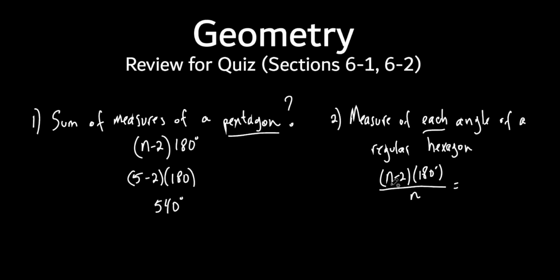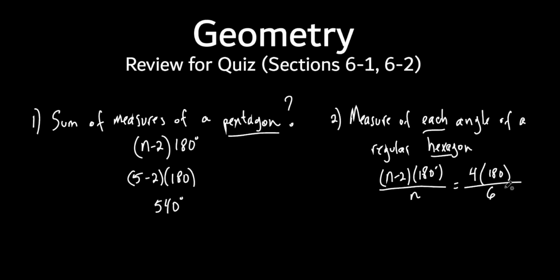So let's do it. N minus 2, let's do that in our head. It's a hexagon. So 6 minus 2 is 4, times 180 over 6, right? Because this is n minus 2, it's 6 minus 2, divided by how many angles you have.